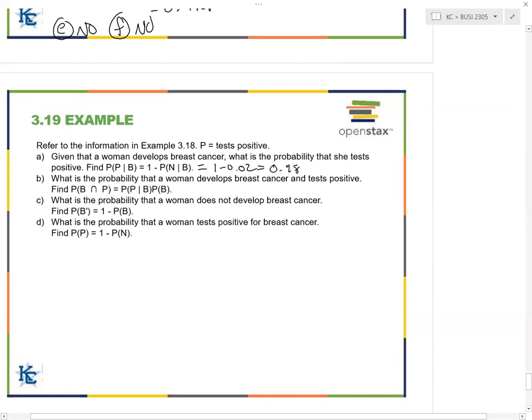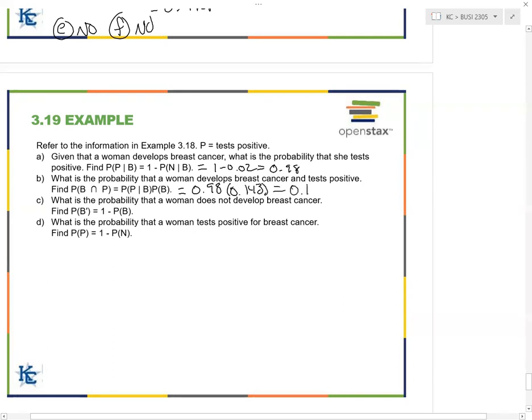What is the probability that a woman develops breast cancer and tests positive? The probability of B intersect P is the probability of P given B, which we just found to be 0.98, times the probability of B, which was given to us as 0.143.